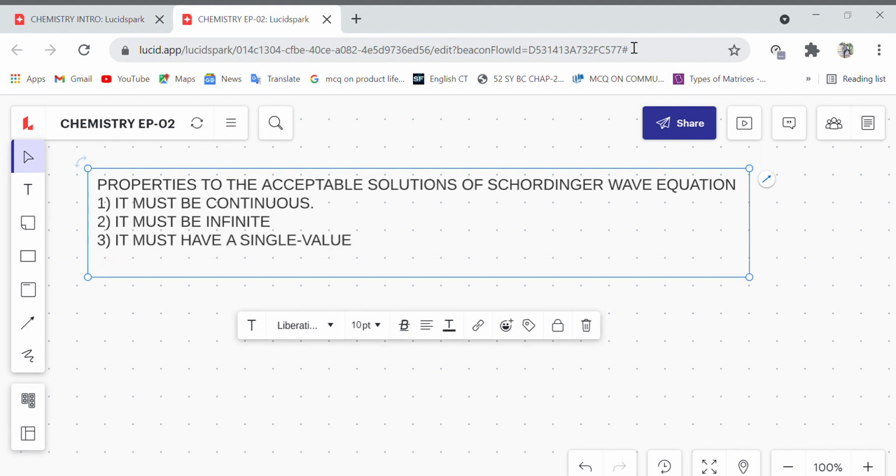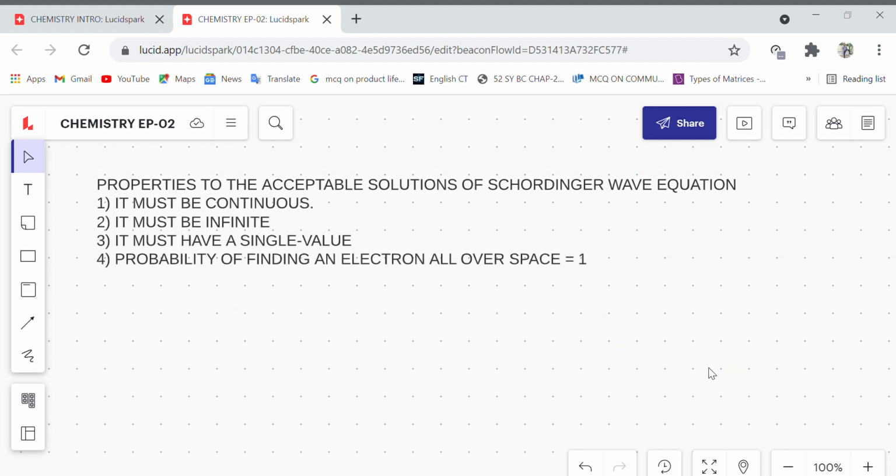Then the last and the most important one: the probability of finding an electron all over space is equal to 1.